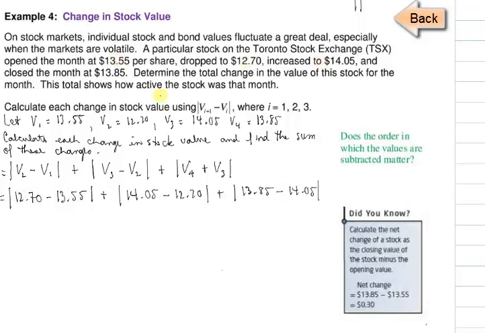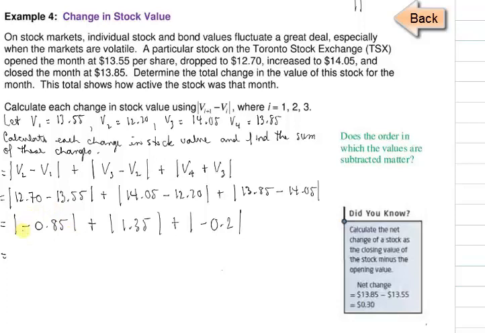Okay. All right, so we'll calculate the totals in each absolute value bracket. On the first one, 12.70 minus 13.55 is negative 0.85, plus 14.05 minus 12.70 is 1.35, plus 13.85 minus 14.05 is negative 0.2.